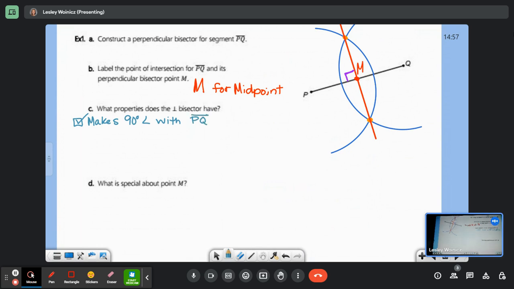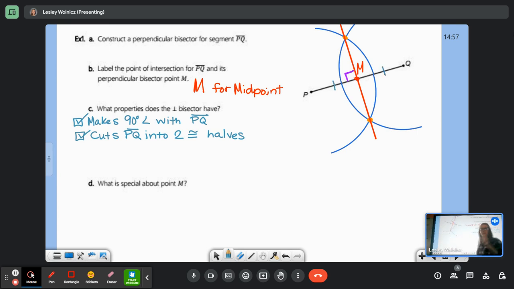Okay, what else? What did we say that bisect means? What does bi mean? Two. Sect is like chop, right? Cut. So it cuts PQ into how many congruent pieces? Okay, so we know that PM is congruent to MQ.